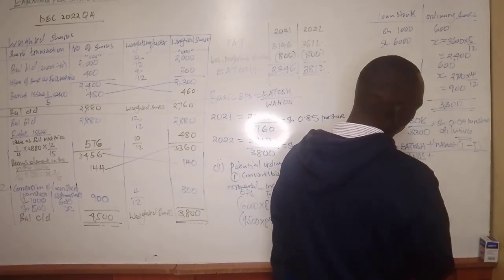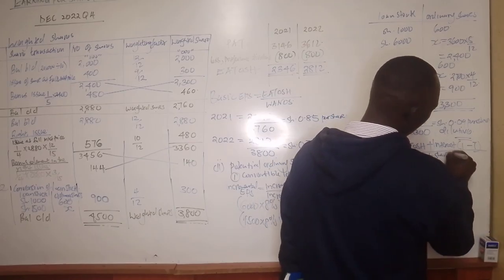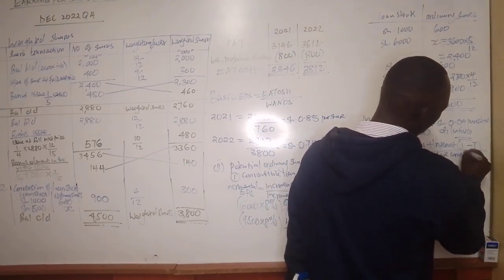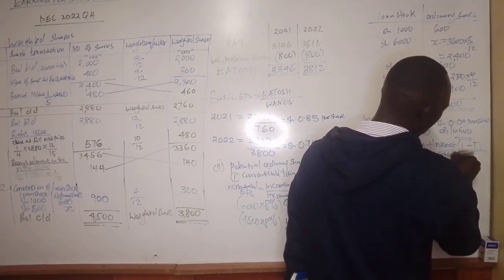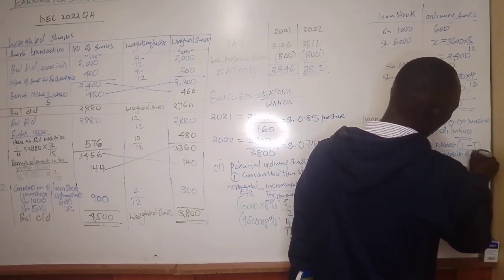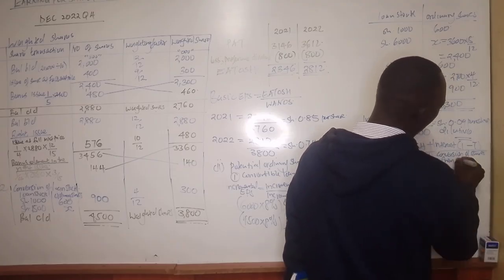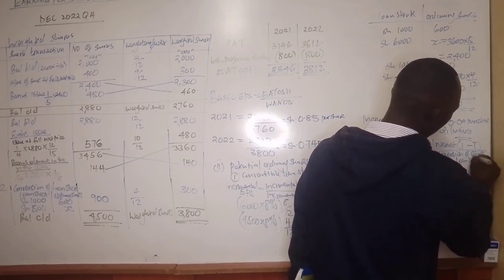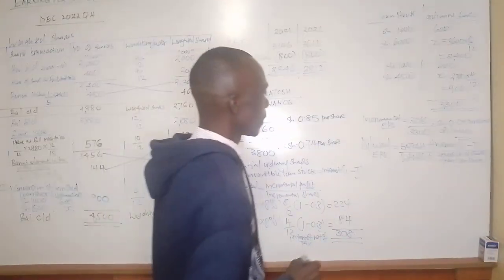Then you add what? Loan stock share conversion, or we can call it conversion of shares from who? From loan stock. That is how we get our diluted EPS in this case.